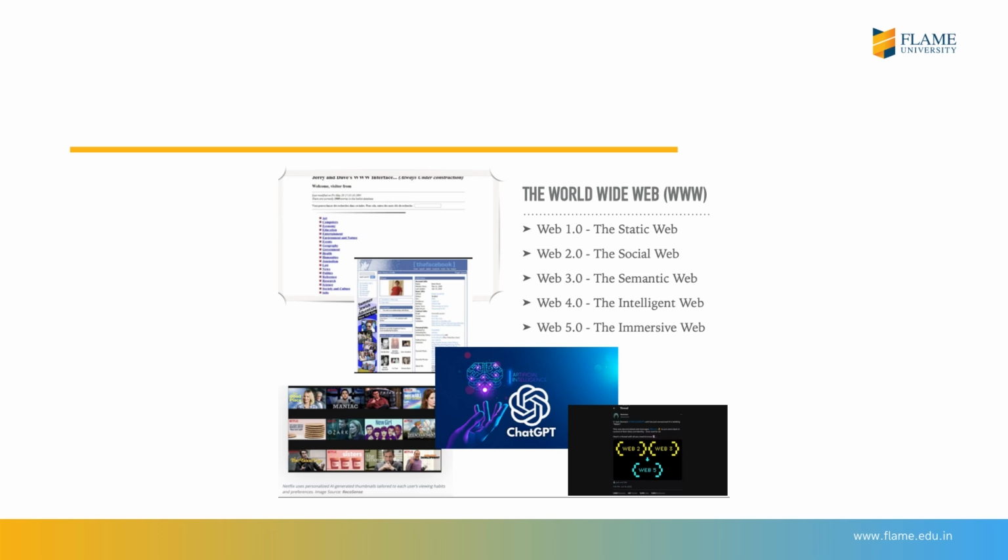Web 2.0, which comes after that, is the social web. Web 3.0 is the semantic web. This is where the ideas of ontology start getting more refined. Web 4.0 is the intelligent web, and 5.0 is the immersive web that we are currently living in.